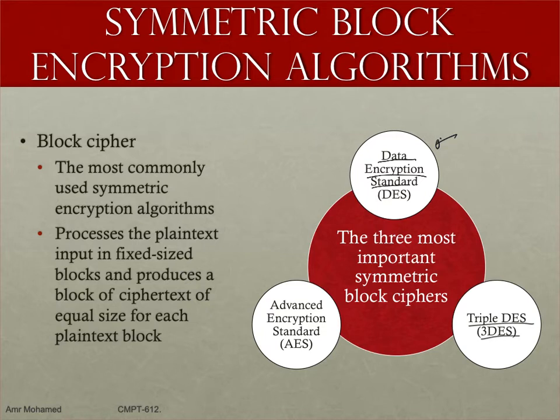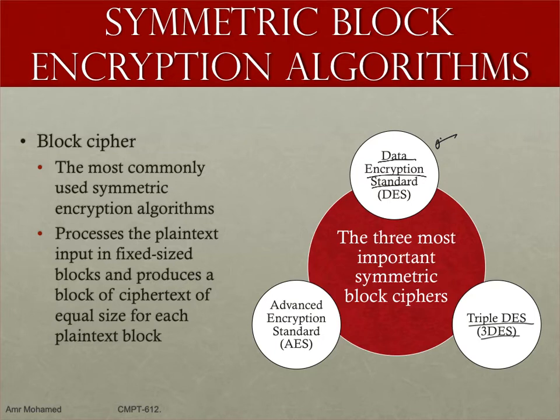Unfortunately, DES itself is designed with a small key length, which is 56 bits only. With 56 bits for the key, we need 2 to the power 55 operations if we do a brute force attack.